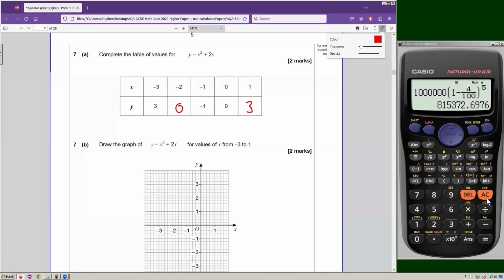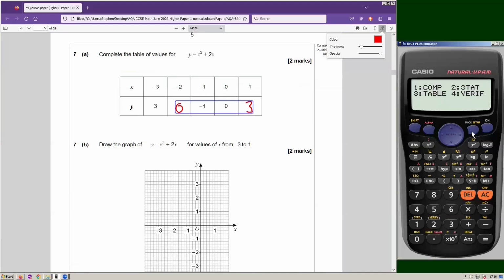We could use the table function. I'll just show you how to access that very quickly. Mode. Click 3 for table, and then you're into the table function now. We just put in the x here, alpha x, and that's squared, plus 2 alpha x there, equals that.